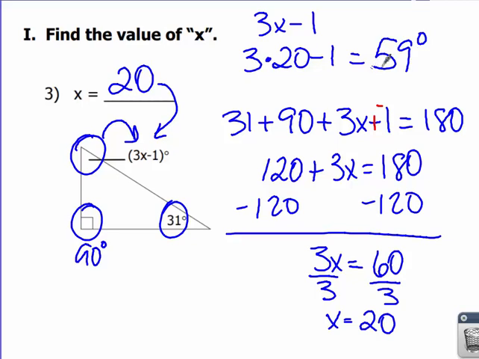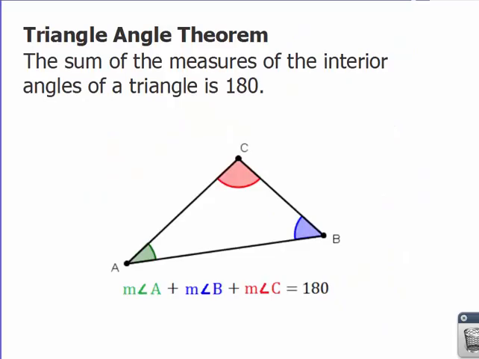So the measure of this angle is 59 degrees, but the value of x is 20, which is what the question asked for. So that's kind of the 8th grade level of finding the missing part in a triangle, based on the fact that the 3 angles of a triangle will equal 180 degrees.